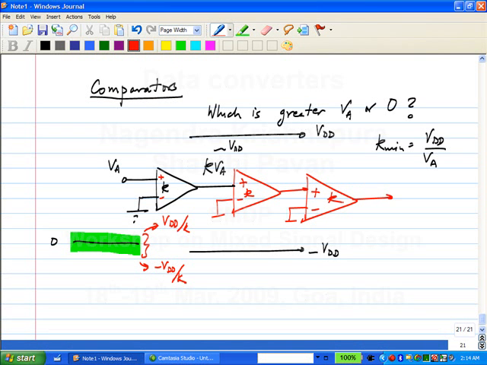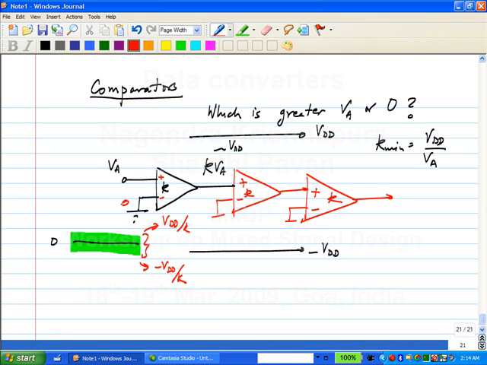Put another gain K cube and so on. Right? So you see that the band of uncertainty around this threshold value, which is 0, is inversely proportional to the gain of the amplifier, right?